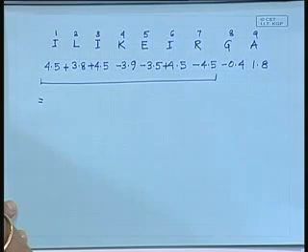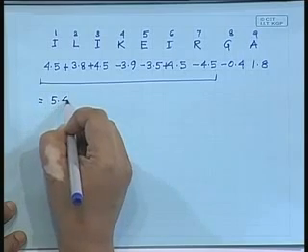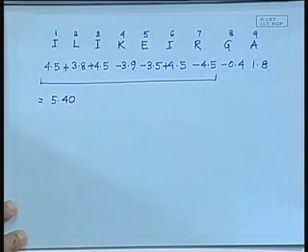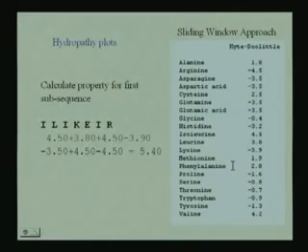We have to add 4.5 plus 3.8 plus 4.5 minus 3.9 minus 3.5 plus 4.5 minus 4.5. What does that total come to? Did you work it out? The total comes to 5.40. We go back to the slides here. We have the total as 5.4.